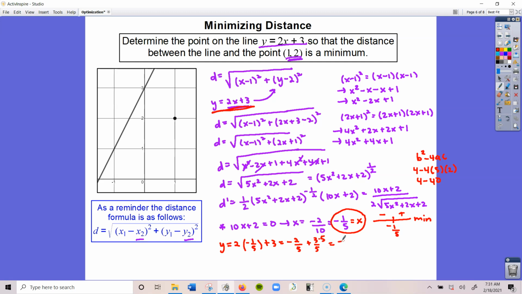So this is negative 2 over 5 plus 15 over 5, which is equal to 13 over 5. So I have the x, I have the y, so the point that would give me a minimum distance would be negative 1 over 5, comma, 13 over 5.